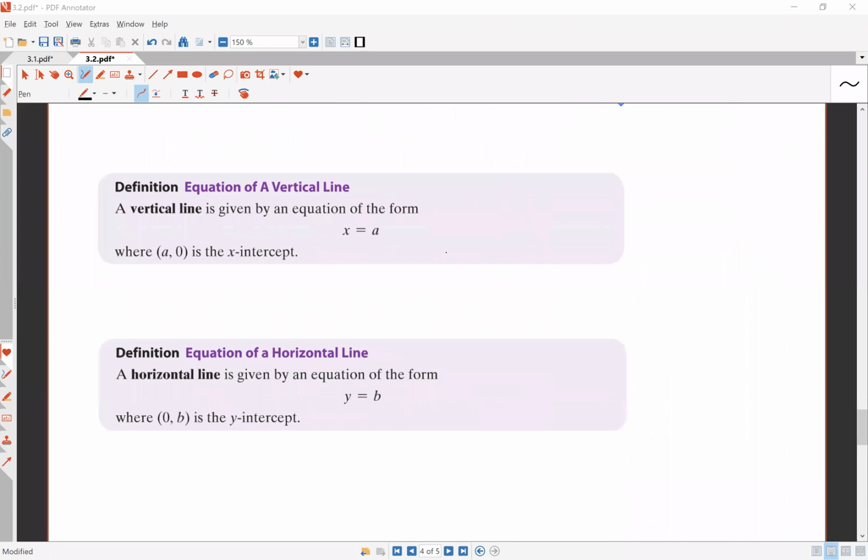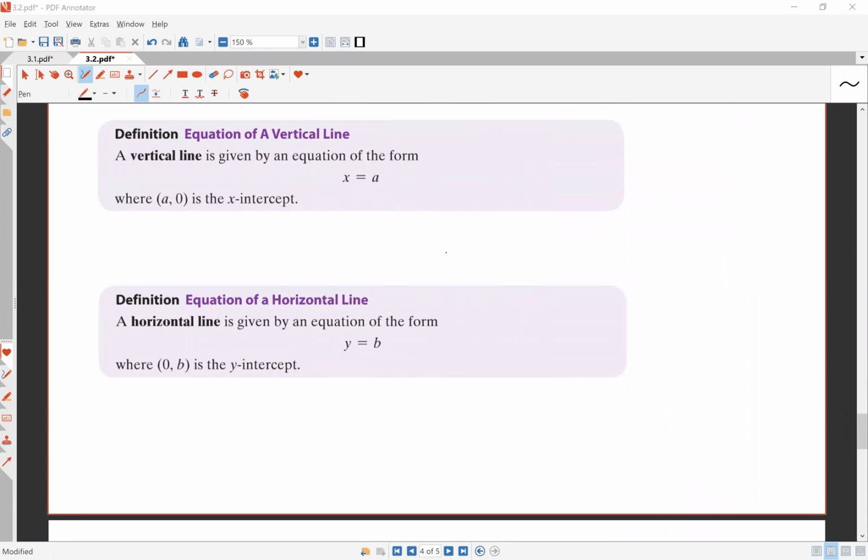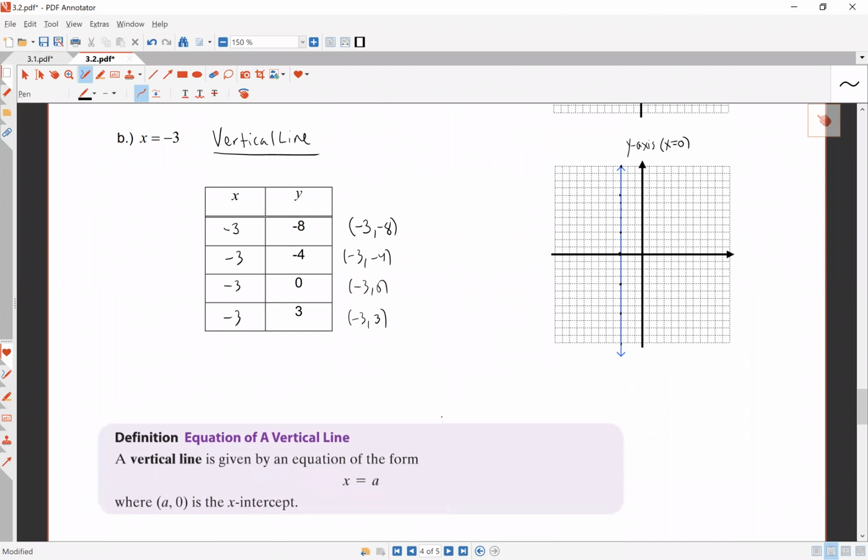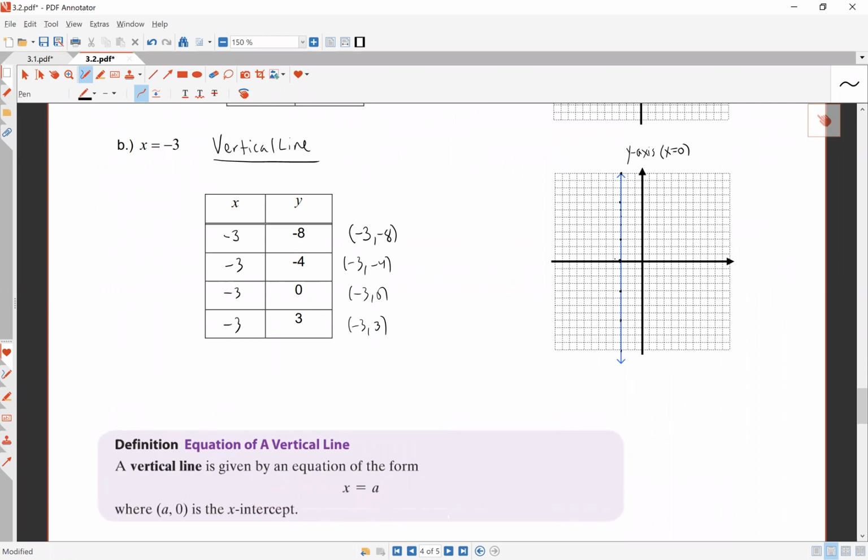So we go ahead and classify this and say a vertical line is given by an equation of the form x equals a. There's no y present in that equation. And if you have a vertical line, we say it crosses the x-axis at the point a, 0 or -3, 0.